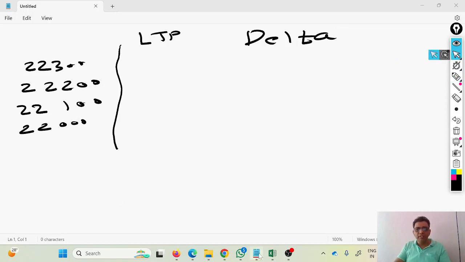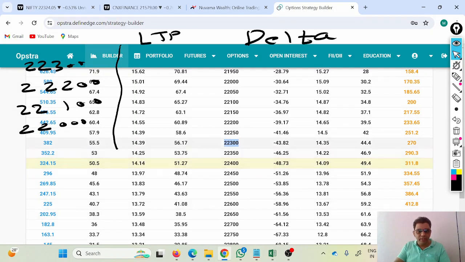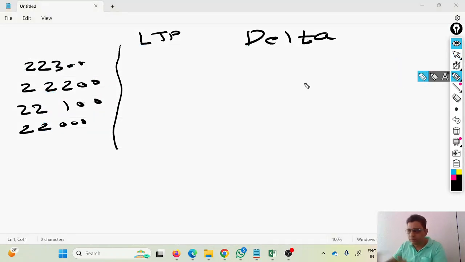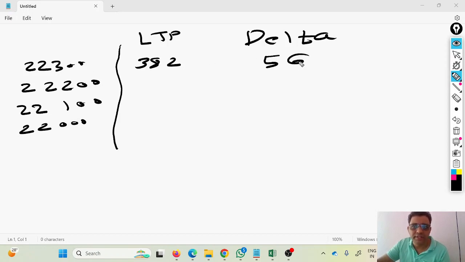For 22,300, you check over here, its value is 382 and the delta is 56.